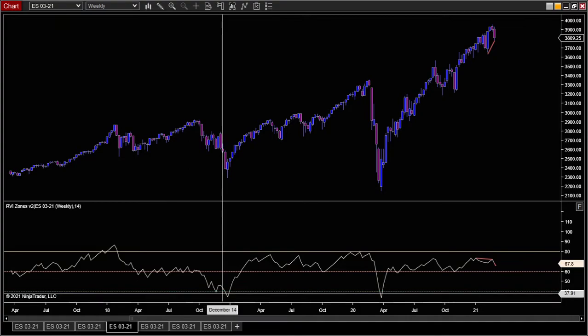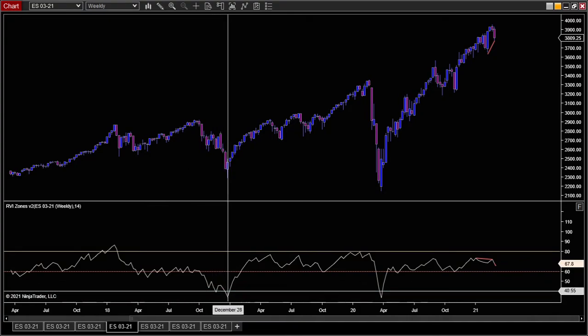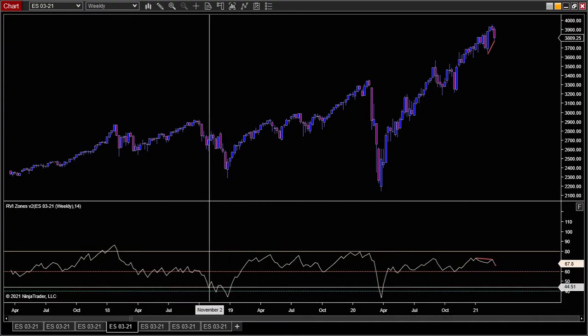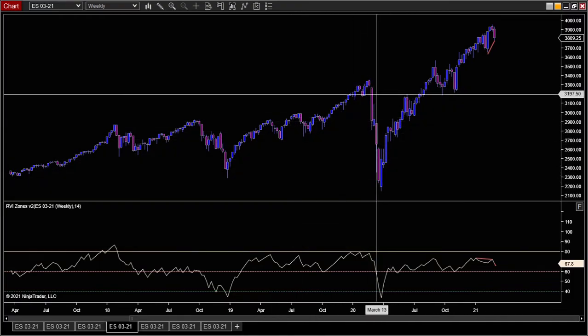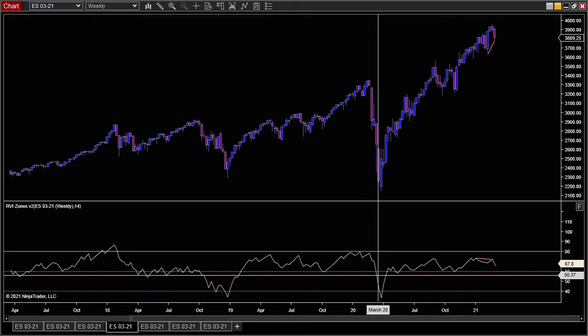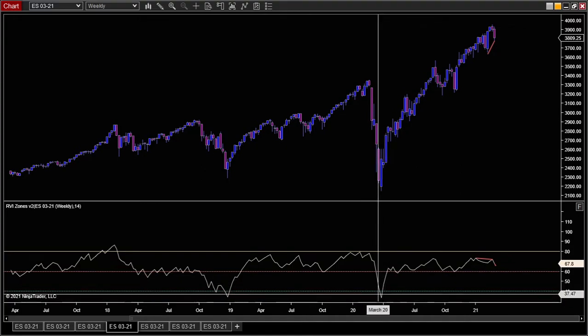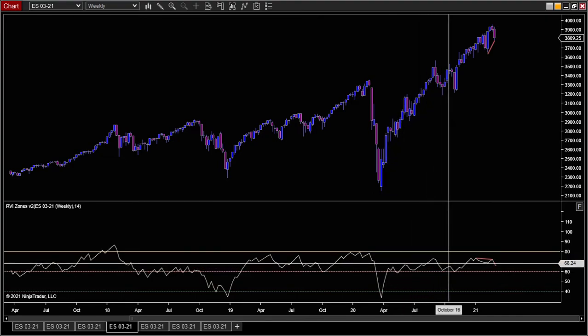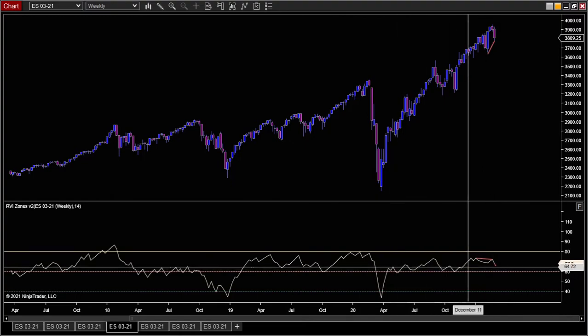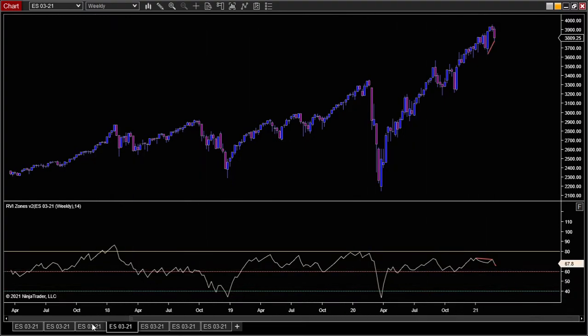And sure enough, we pushed down to test that 40, that bullish zone. And then the big sell-off that we had for COVID, again, we did break the 60 and come down to this really bearish part of the RVI range. But then we popped right back up and haven't broken the 60 for about a year now, right?